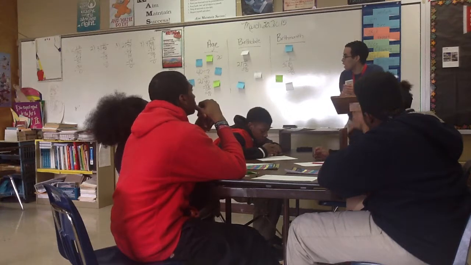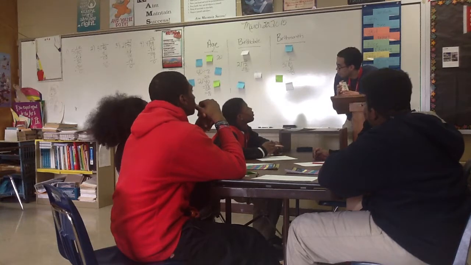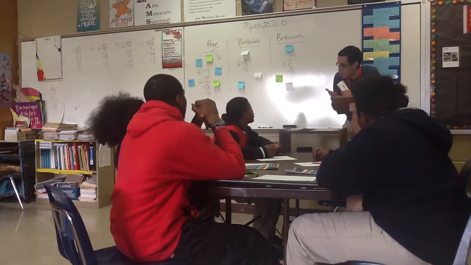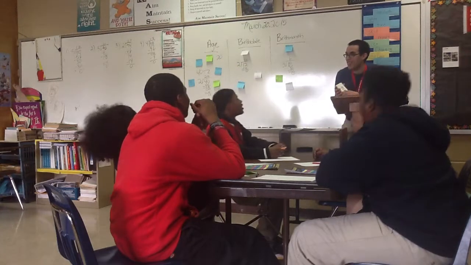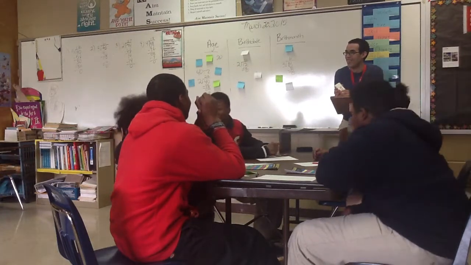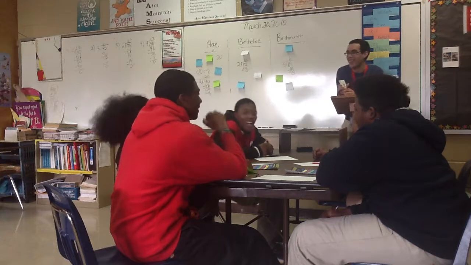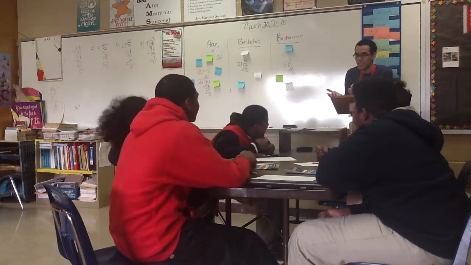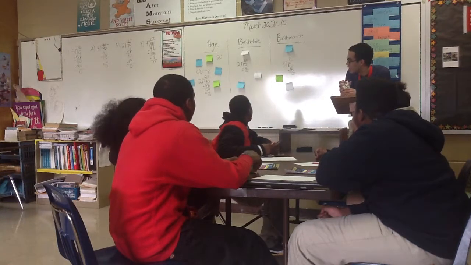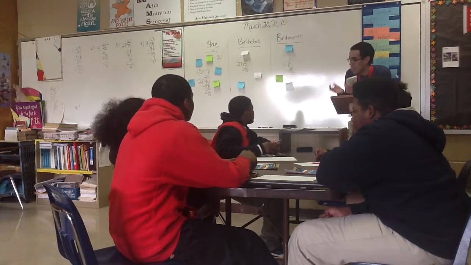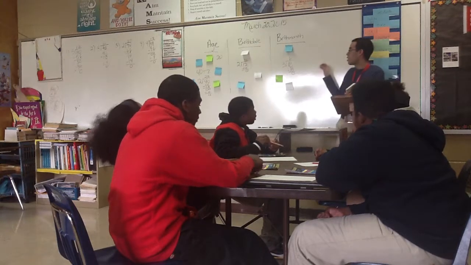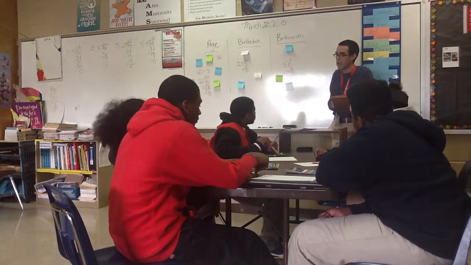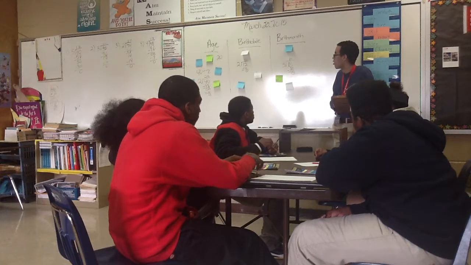Okay, y'all kind of understand it a little bit better. Do y'all understand it a little bit better now? Yep. Yeah, a little bit. For it to be even, it can't have a remainder.